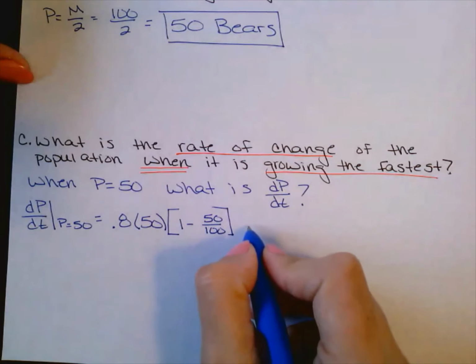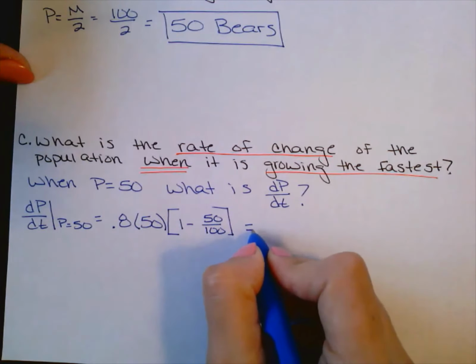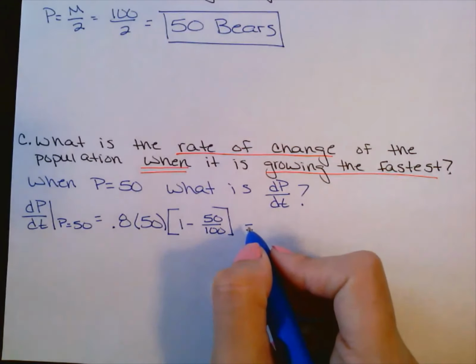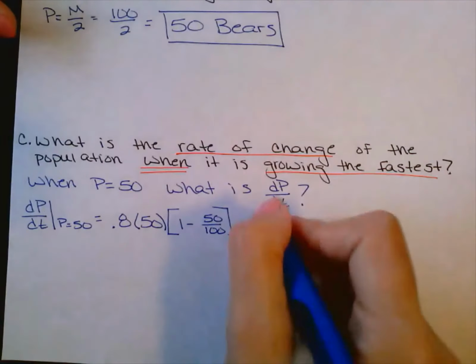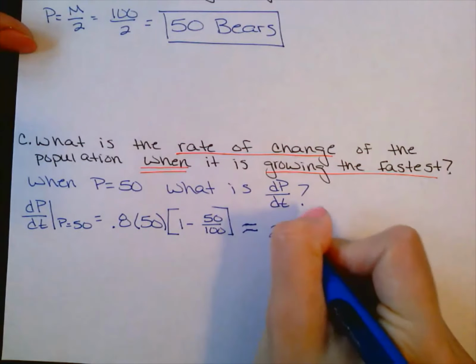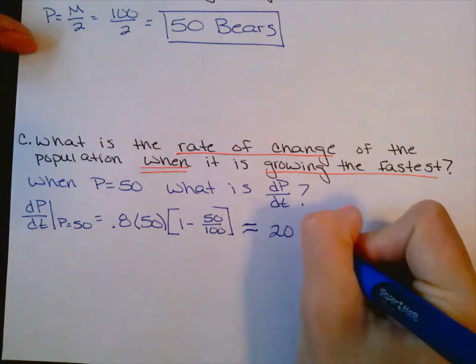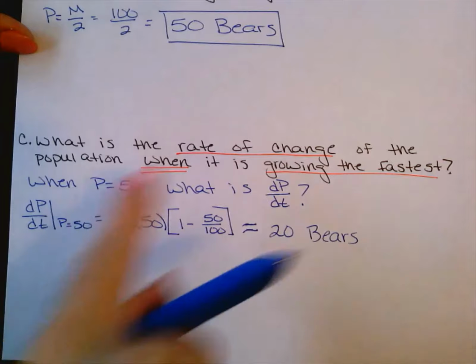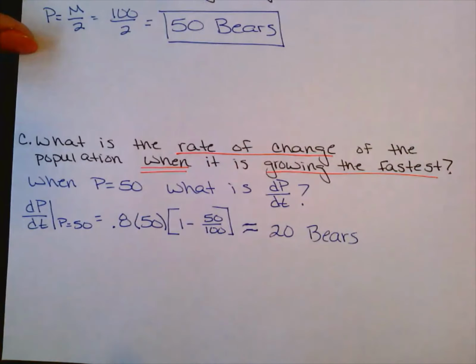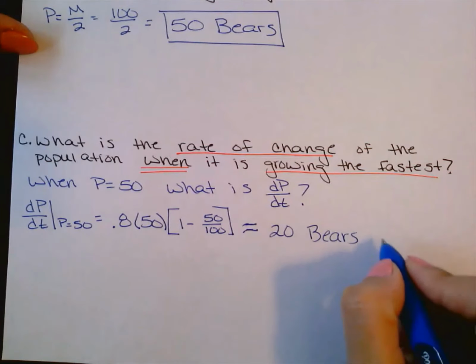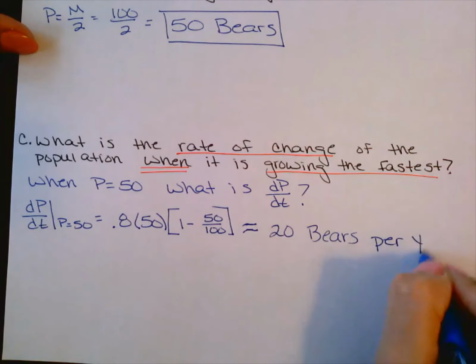So this is going to give me a decimal, but remember, since we're talking about bears, we can't talk about a portion of a bear. So you can say that it is approximately, when you plug that in, 20 bears. And because this is a rate, we need 2 units. They told us that time is going to be in years, so this is roughly 20 bears per year.